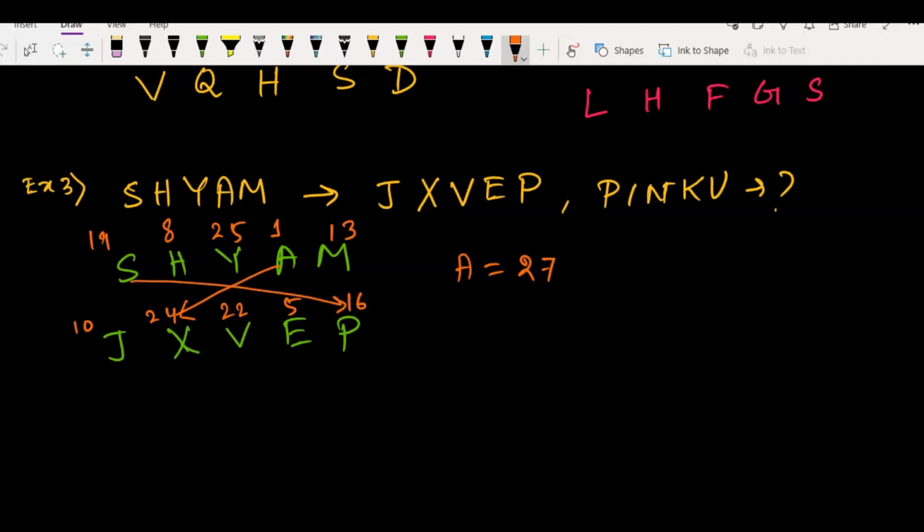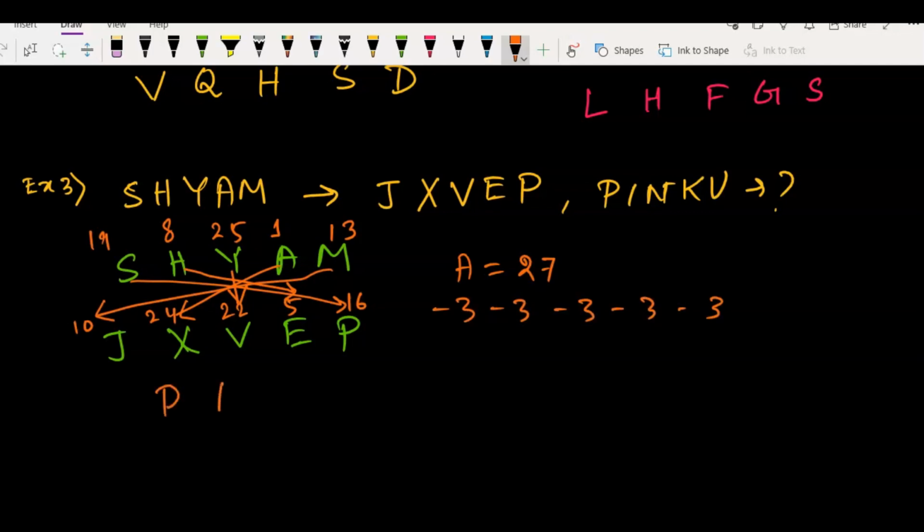Then H, here is 8, here we have 5. This is also -3. Y is 25 and -3, then it goes to 22. Then A, we write it as 27, it goes to 24, that is -3, and 13 goes to 10. This is also -3. So the sequence is of -3, and the pattern is reverse pattern.